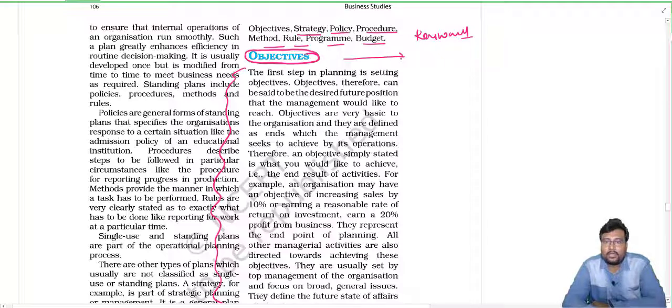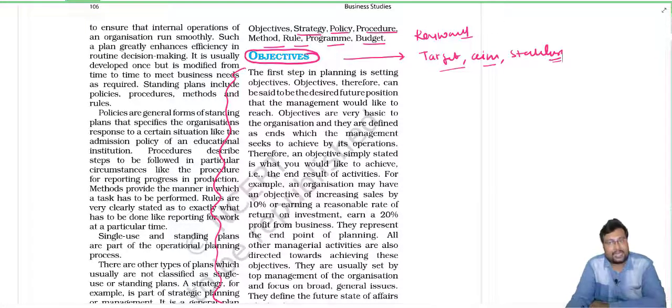So what is an objective? The first keywords are target, aim, and standards. These 3 things: target, aim, and standards.